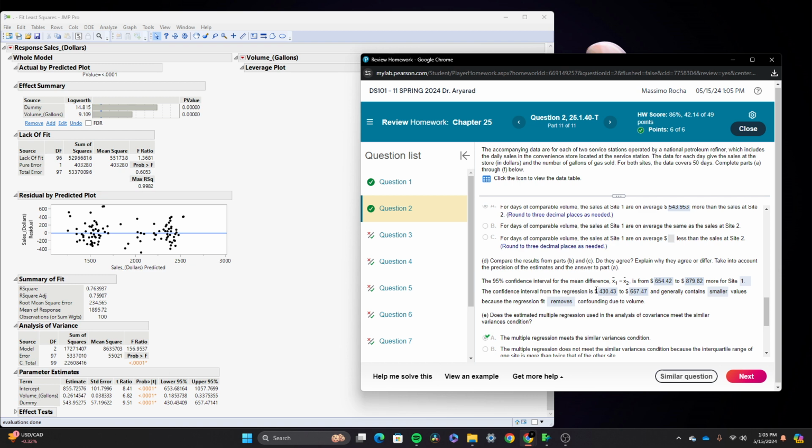Confidence interval from the regression, since the regression's right here. It's going to just be these numbers. Confidence interval. That's how we get these numbers. So lower 95, upper 95. And then we're going to be looking at the dummy column.